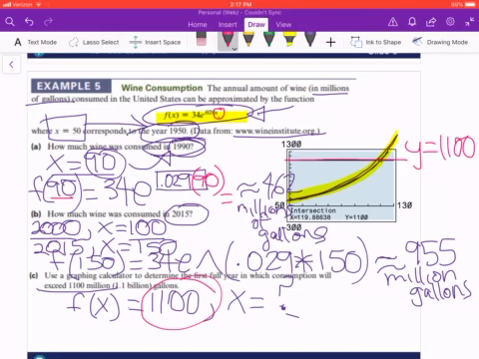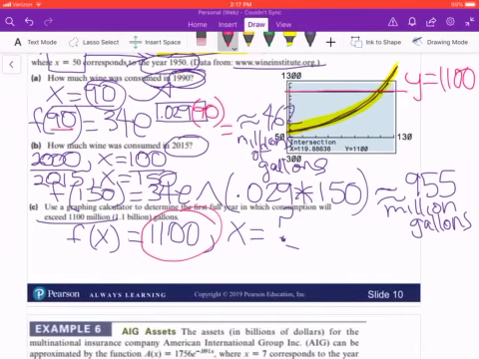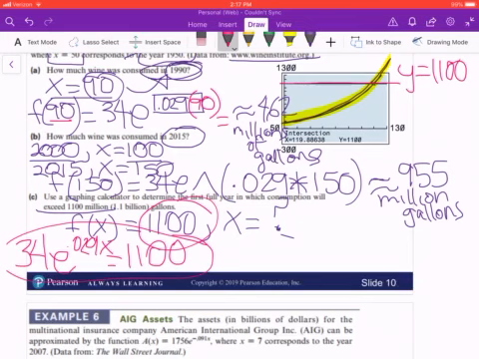So to find the solution, it's like you're creating two equations, and you're saying the right side will equal 1100 and the left side will equal the function that we had been given originally, which was this 0.029 to the power x. So this is what we're doing, but we're going to solve the equation with the graphing calculator.